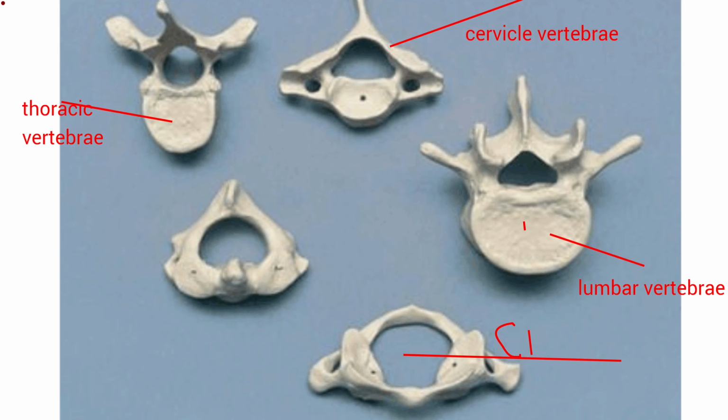And then this one, C2, it's the axis. And how do I know that? It does have a body. The body is on the other side, but it has this protrusion right here. This protrusion is called the dens or the odontoid process, and it sticks up. And it's the only vertebrae that has that.